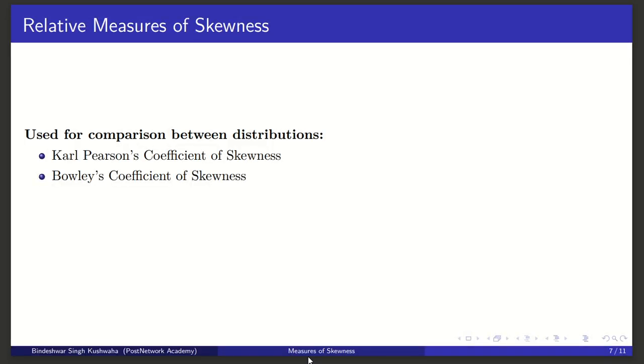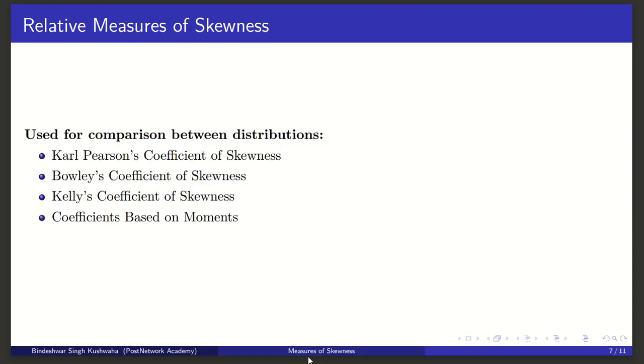Second is Bowley's coefficient of skewness. He was also a very renowned economist and statistician. Then Kelly's coefficient of skewness, and the last one, coefficients based on moments. I will not explain the last one now because I will first explain moments in an upcoming video, and thereafter I will explain it.